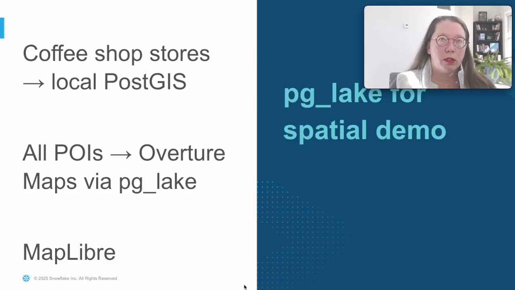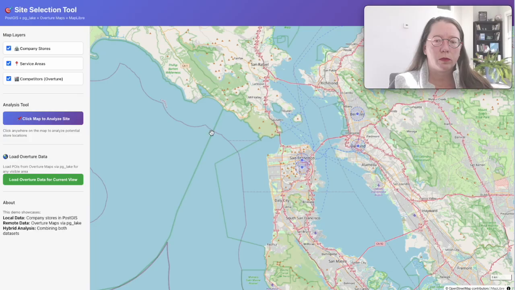But I want to do some planning, and I want to look at maybe new sites that I might want to have a coffee shop at. And I want to use the data that Overture Maps has to find competitors and competitor locations. So I've built this little sample app in MapLibre, and I will pull that up right now.